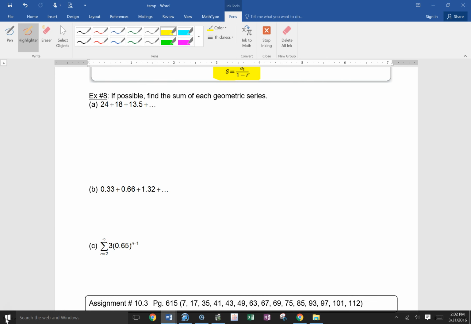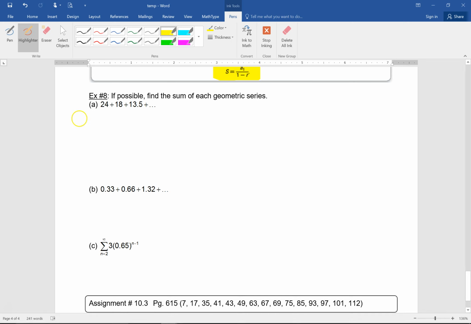All right, so continuing, we have to find the sum of this one. First you have to find r, and check if the absolute value of r is less than 1. Because if r is greater than 1, then you can't do it. It's a divergent series. The sum will be infinity. So let's see what r is. r is 18 over 24, so the absolute value of r is 0.75, which is less than 1, so that works. Remember, you have to look for the absolute value.